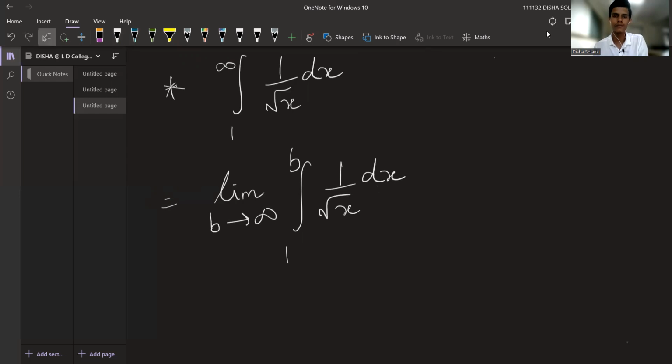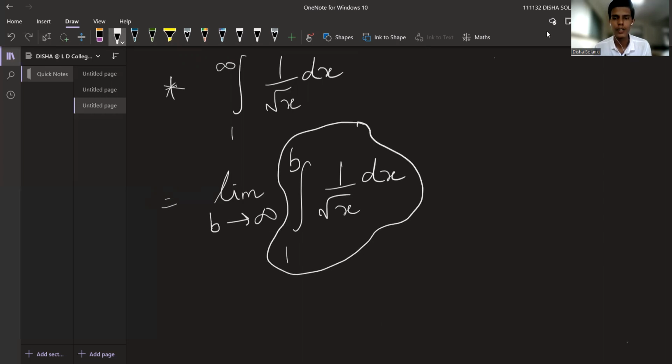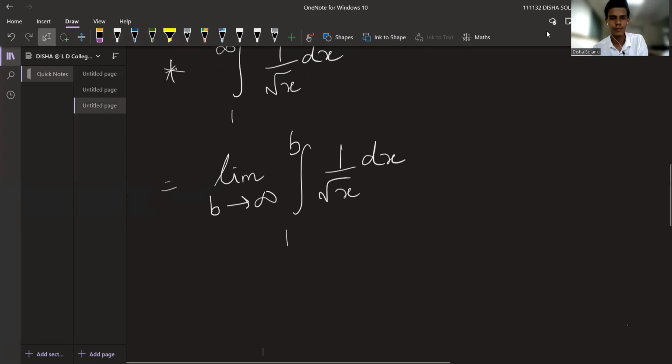Now we know the integral which we have got is a definite integral. We can solve it by our proper integration methods, which are taught till 12th standard. So let us solve this side.